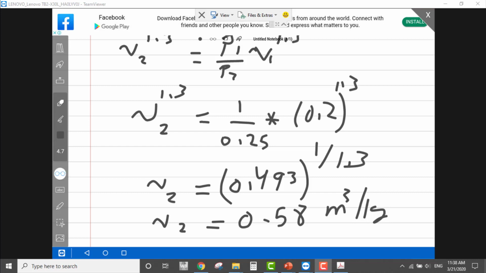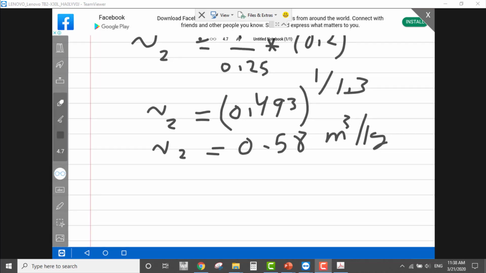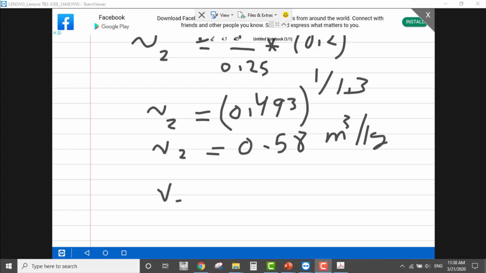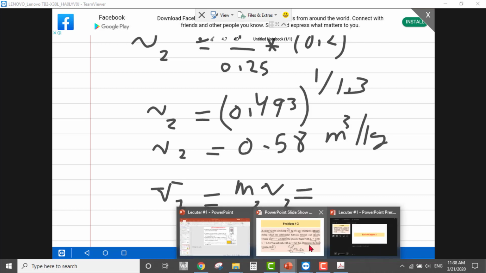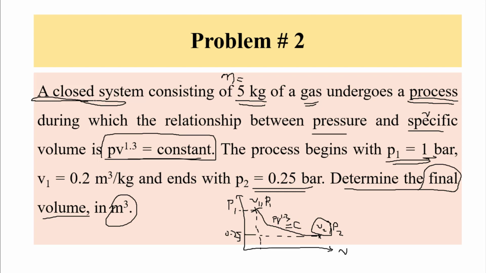But the question asks for the volume, not the specific volume. It needs the volume in meter cube. So V2 equals mass multiplied by v2. Mass is known because we have a closed system.